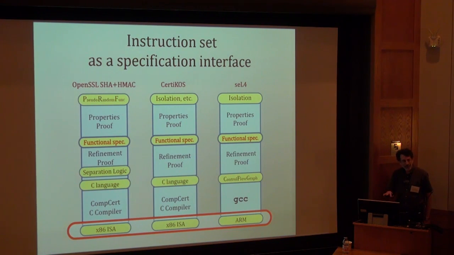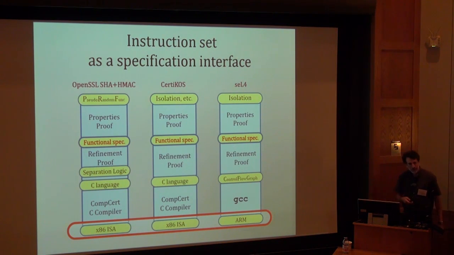Finally, the instruction set architecture of your computer is a very important specification interface. When you program in assembly language, I'll bet you're not thinking too much about how the transistors implement those instructions, which is a good thing. There's an abstraction boundary, the ISA.